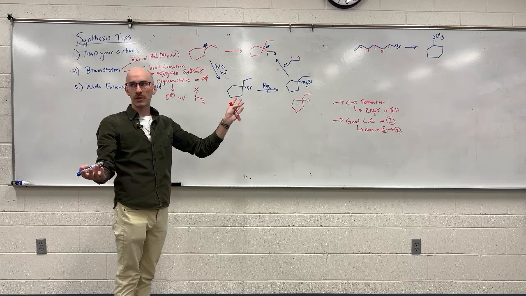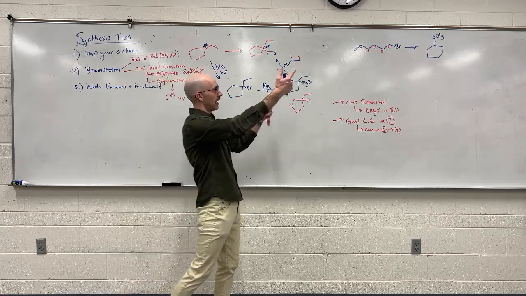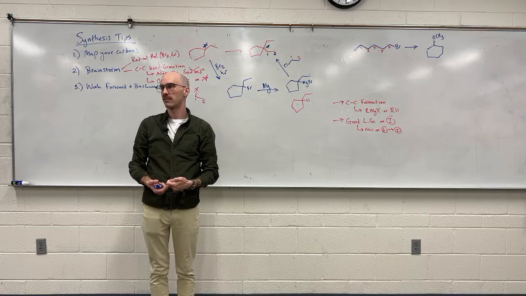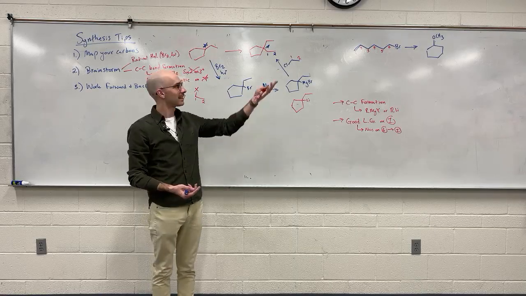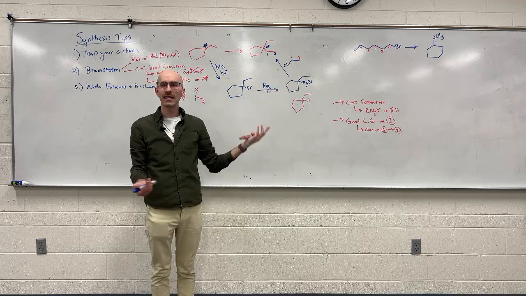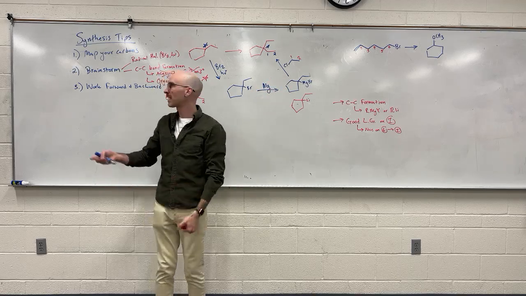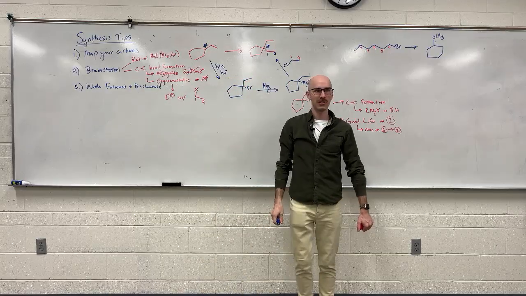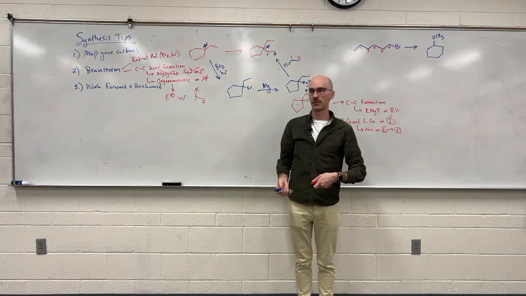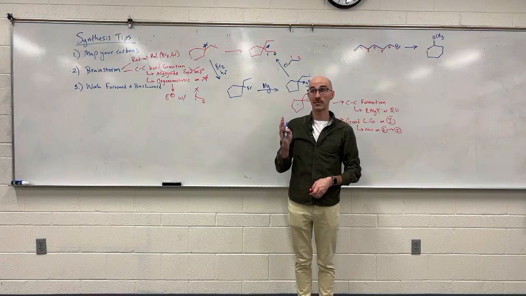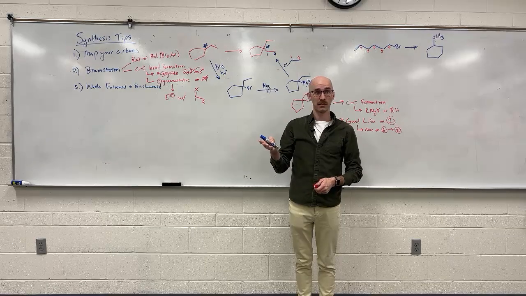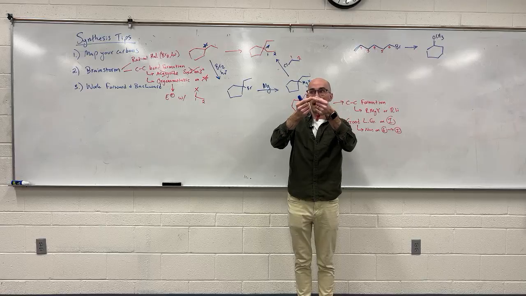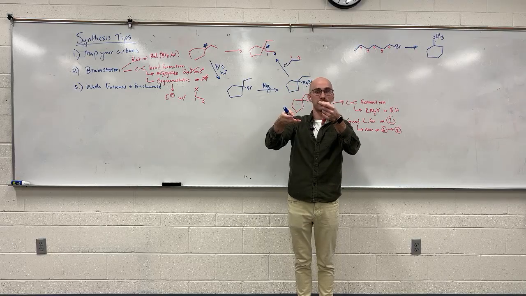But there is a problem here, which is if carbon 6 attacks carbon 1 and forms a ring, that just leaves me with cyclohexane. And it doesn't give me any way to make an ether group directly. Once I get back to an alkane, the only thing I can do is radical halogenation, and then I could do some sort of substitution. That's a plausible pathway. Make a Grignard, have it attack itself, and then just do radical halogenation and substitution.